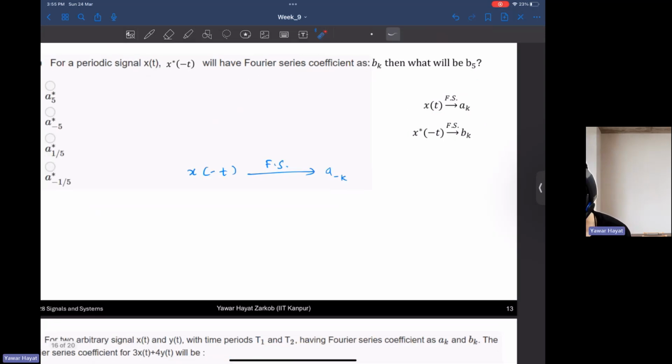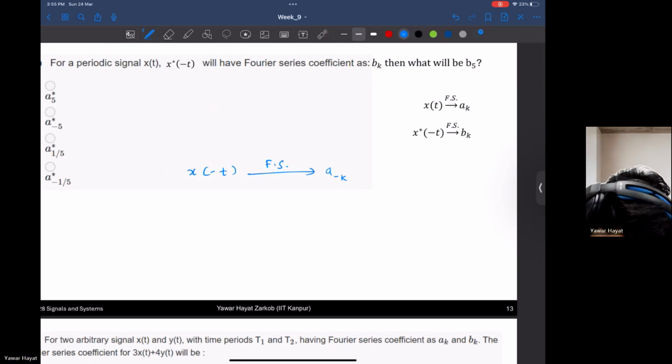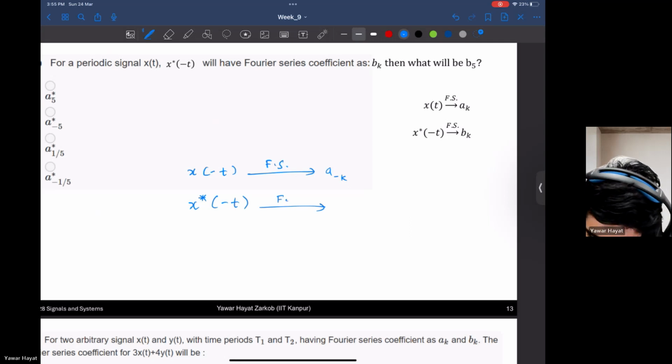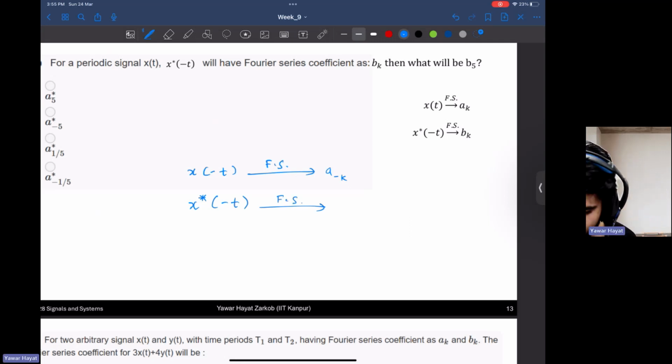Now, what about the complex conjugated signal of x of minus t, x star of minus t? When we complex conjugate the continuous time periodic signal, their Fourier series coefficients are complex conjugated and they are time reversed, both operations.